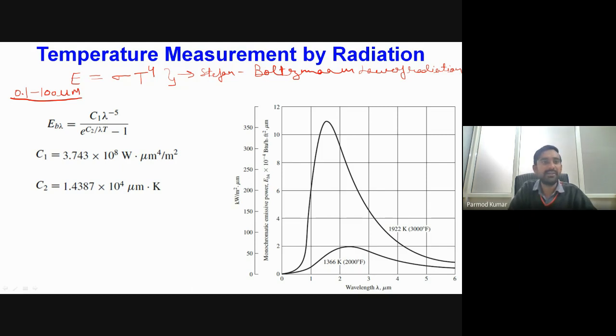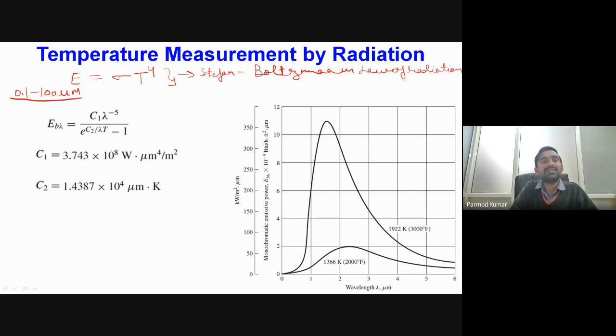We are interested only in measuring temperature, so we are mainly interested in thermal radiation, and wherever we discuss, we will concentrate within the wavelength region of 0.1 to 100 micrometer.